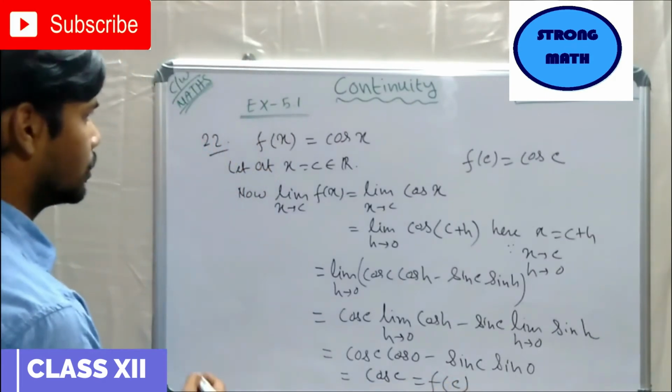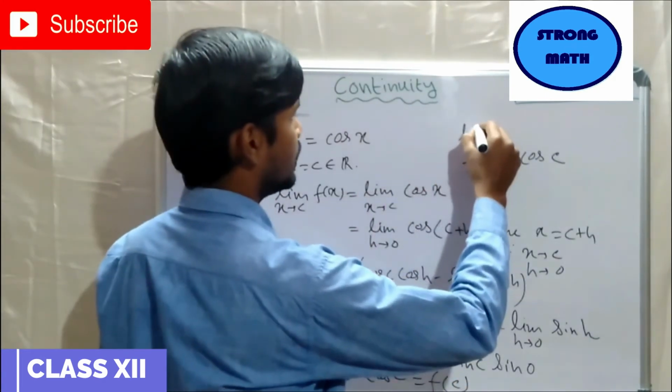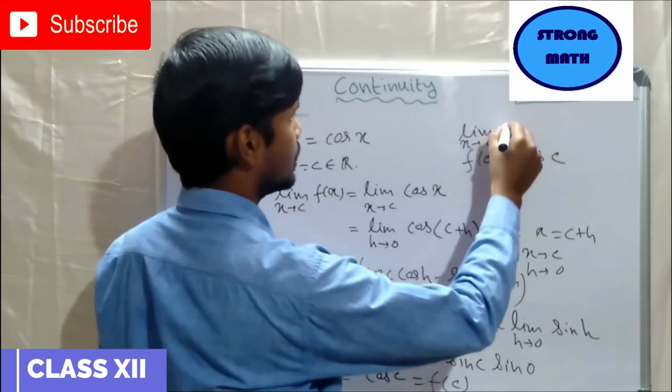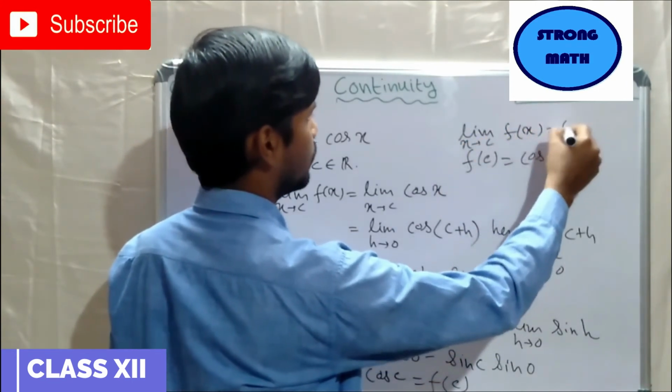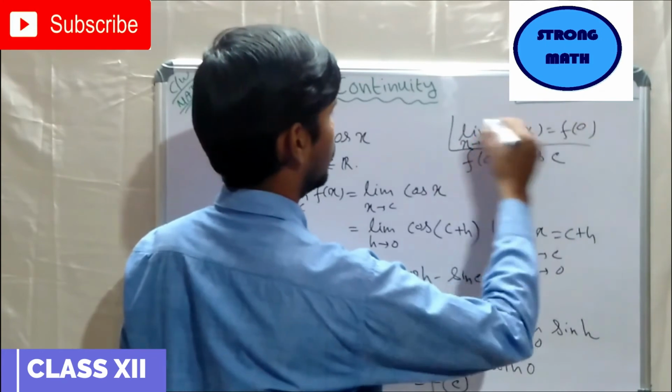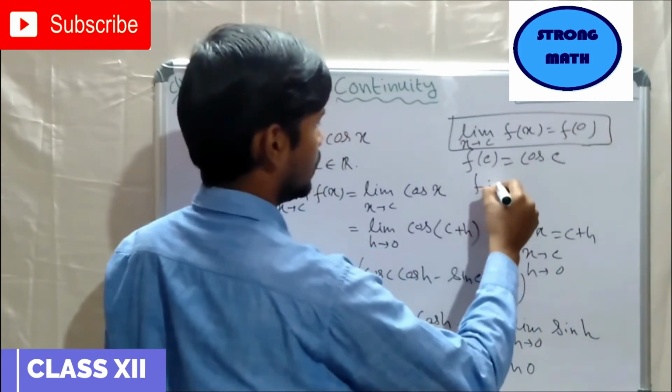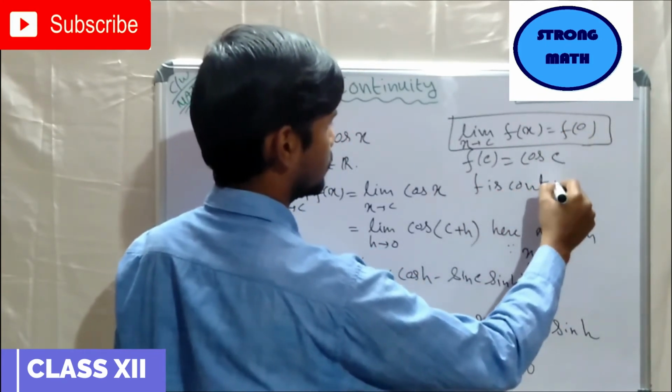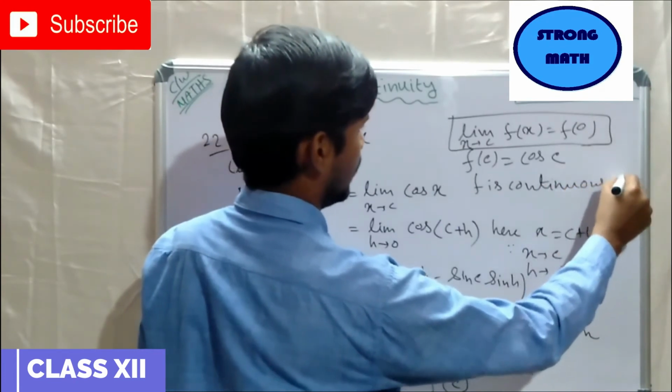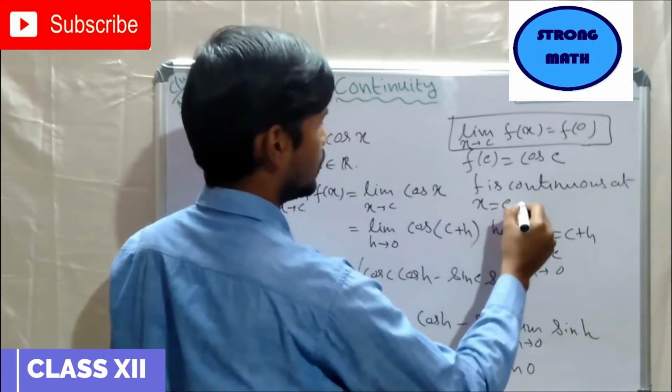Now look, we have limit x tends to c of f(x) equals f(c). Therefore f is continuous at x = c.